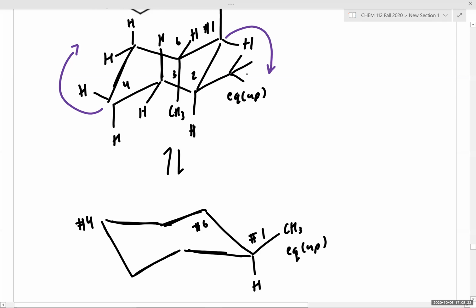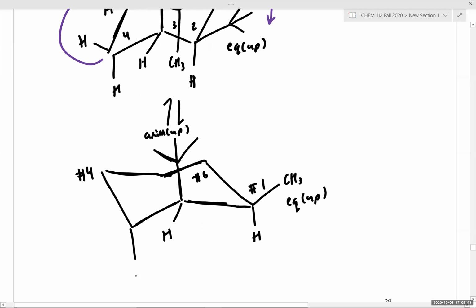The T-butyl group is still pointing up. So it's axial pointing up. That's already a bad sign. Let's fill in the rest of our hydrogens for completeness.